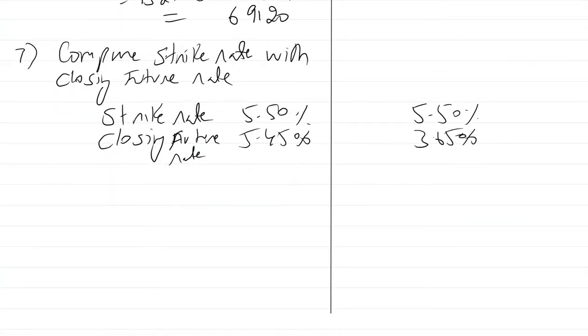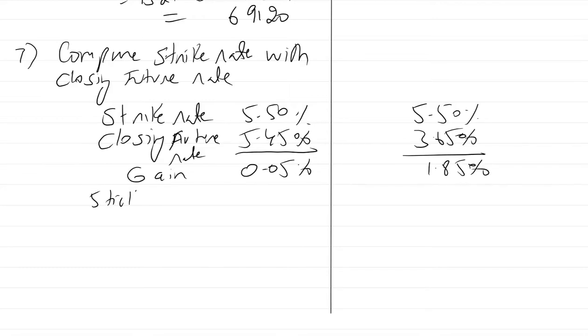So in case of investment, in case of lending, what you will choose, 5.5% income or 5.45? Obviously 5.5% option will be exercised. It will be a gain of 0.05, and here it will be a gain of 1.85%.